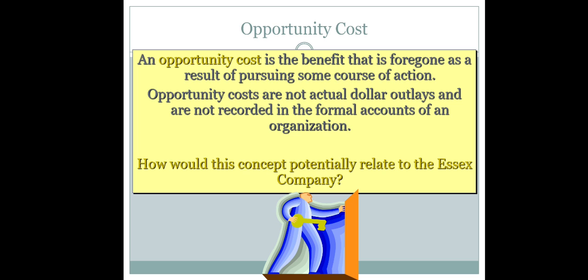Another example, let's make a simple example for a business. Let's say you have a business, and you have a shop, a big shop, and you have unused space. Now you rent the unused space to another business.